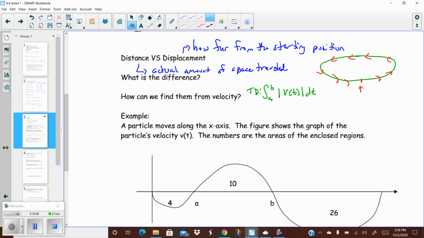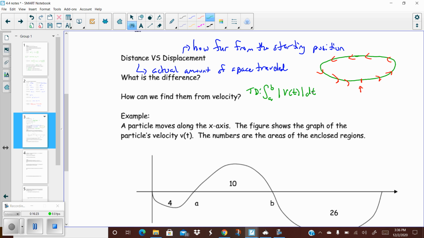Well, that's exactly what you're going to get here. If you take the antiderivative of velocity, you're going to get position. I'm going to evaluate the position at one endpoint, evaluate the position at the other endpoint, and subtract them, and that will be the total distance that I traveled. The biggest thing is that we have to take the absolute value of velocity because we've got to make sure all of our distances are positive.